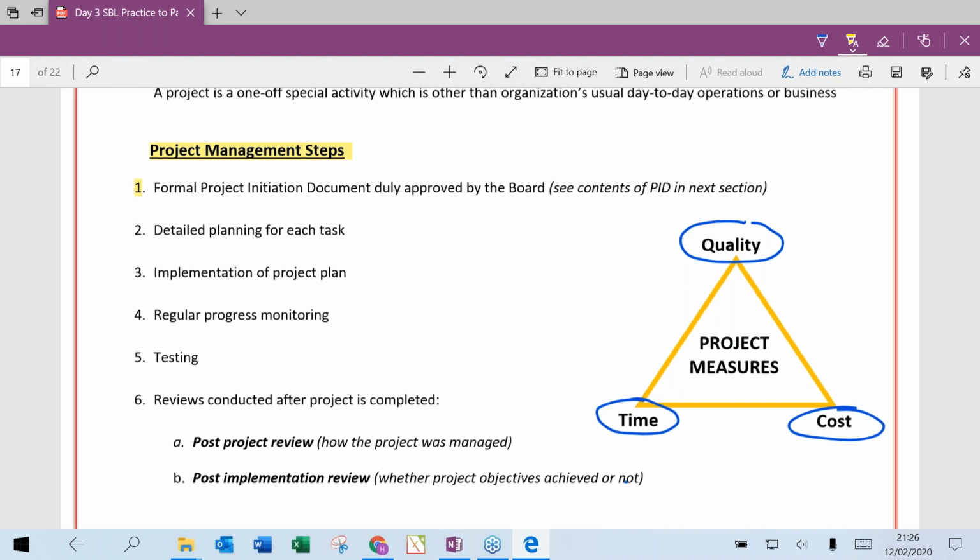In the ideal situation, the board should receive monthly progress reports, or in some cases quarterly progress reports. Monitoring the progress of the project is very, very important. Otherwise, if nobody is monitoring the progress, the project might lag behind and the quality might be low.